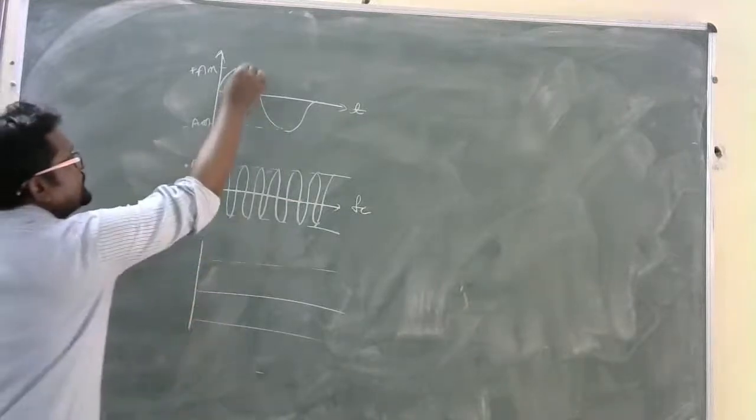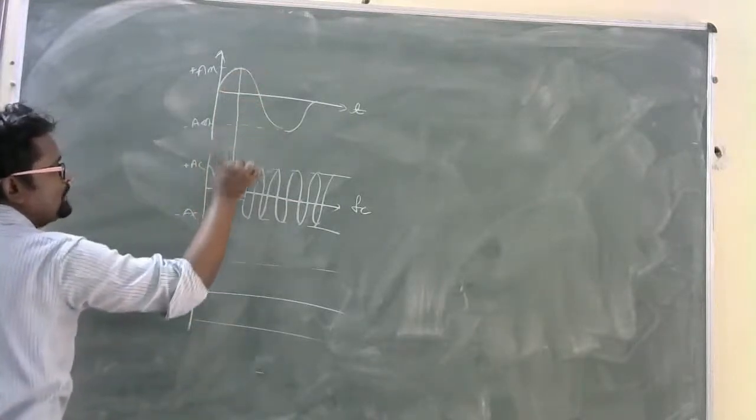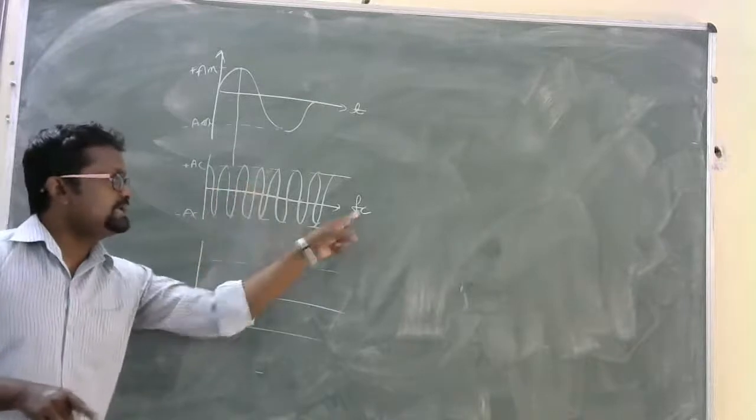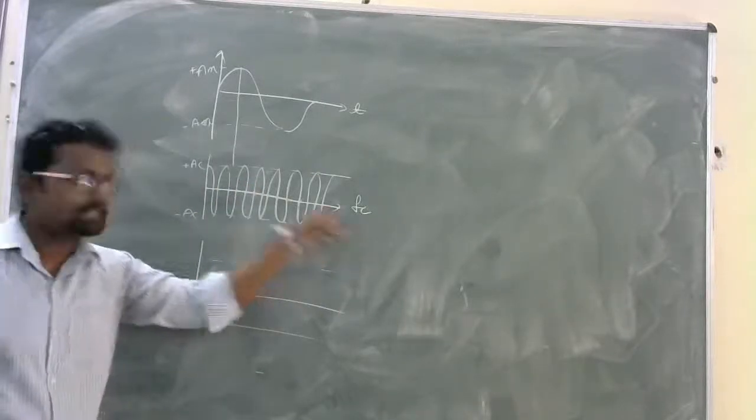So at this point, the amplitude of the message signal is higher. That's why the deviation in the carrier frequency FC will be higher at this point.